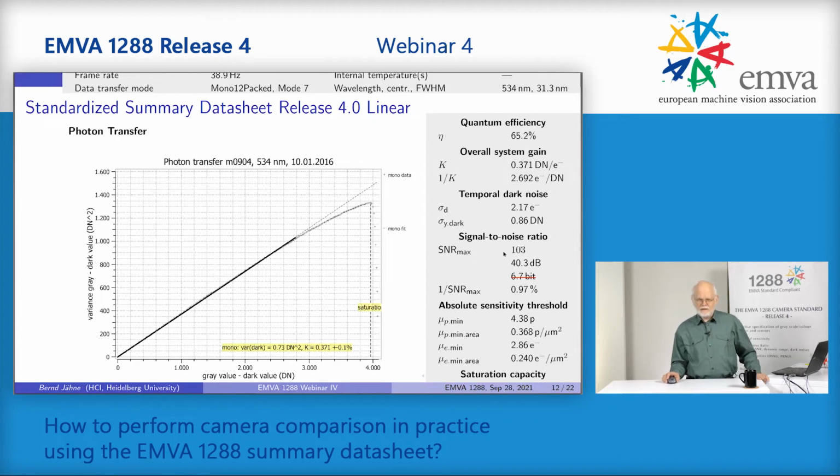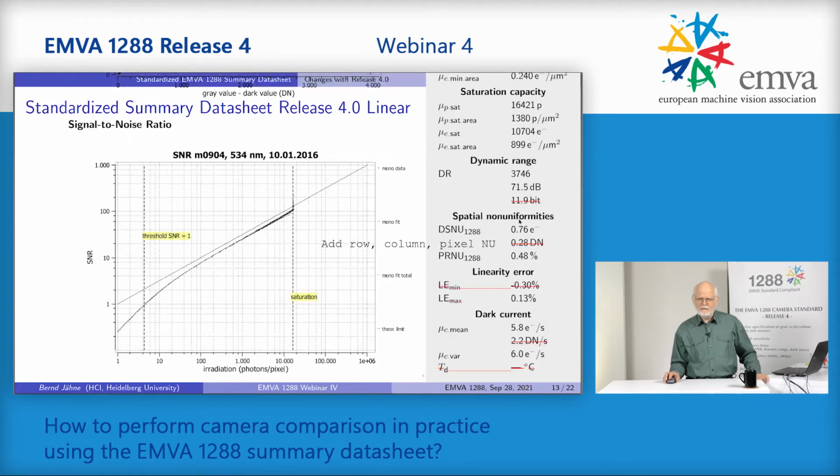So for SNR, the ratio and dB is sufficient, and also the 1 over SNR. Nothing is changing with the absolute sensitivity threshold and the saturation capacity. And with the dynamic range, we also leave out the bits. So that means completely consistent data for everything with temporal noise.